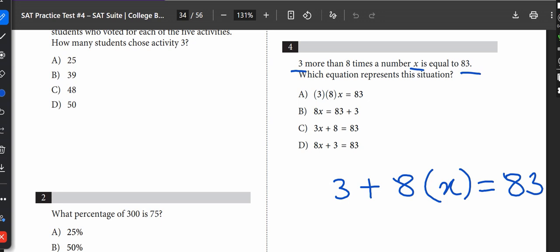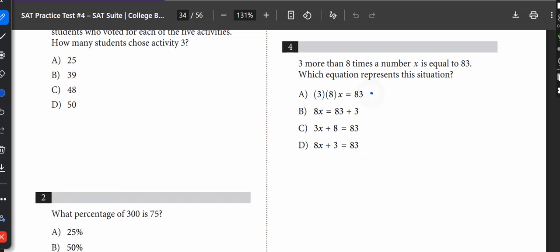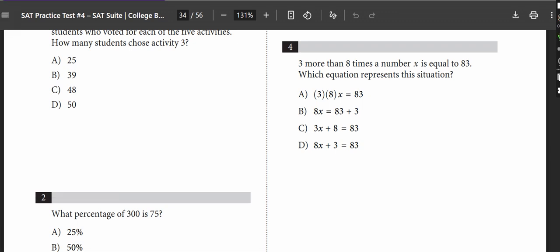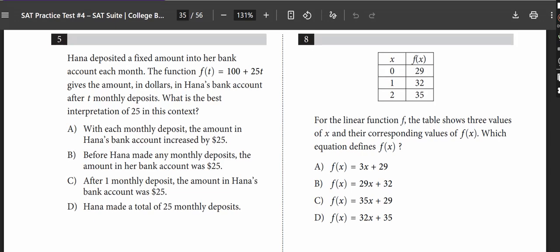So which equation represents this situation? 3 plus 8x is equal to 83. 8x plus 3 is equal to 83. This is correct, right? I hope you will understand the difference between these three. Observe them and understand, and if you don't understand, you can ask me in the comments section.